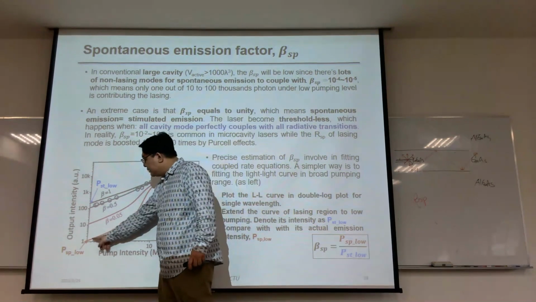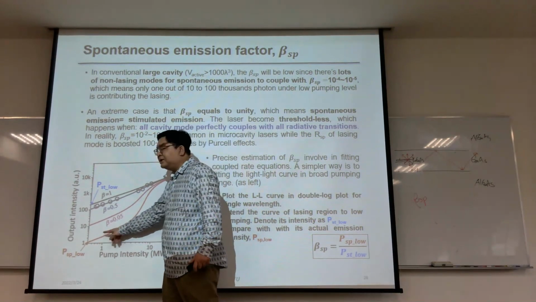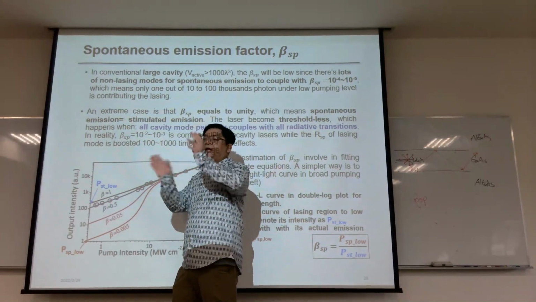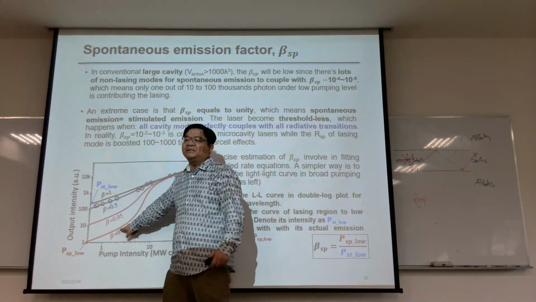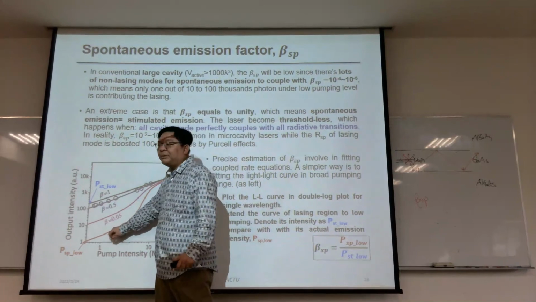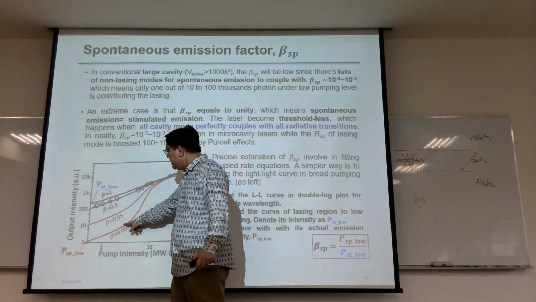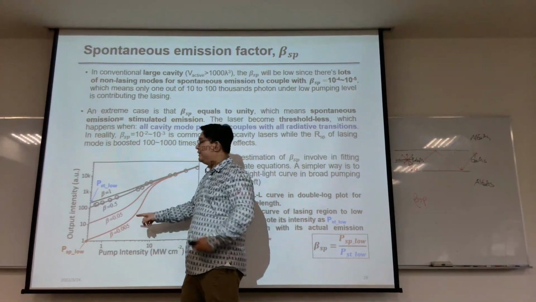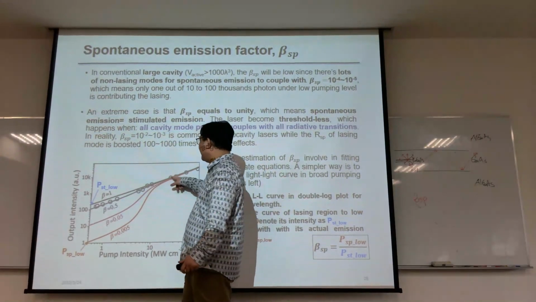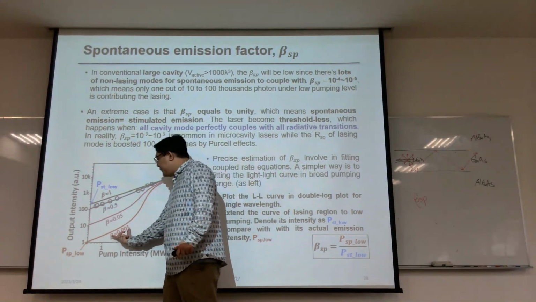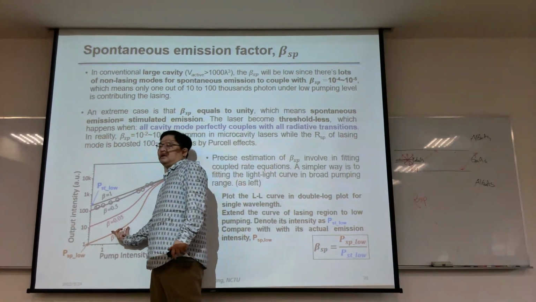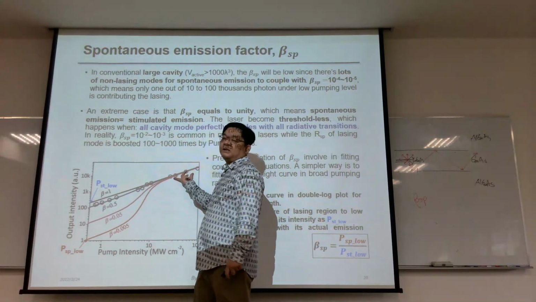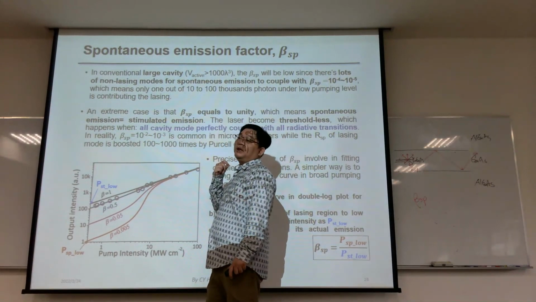At the beginning, the output power for a specific mode is low, because it has so many modes and I'm measuring a specific mode. But after lasing, because such a mode lases, it will dominate the optical behavior in the cavity, and the power becomes high. So this part is the spontaneous emission. This part is the stimulated emission.